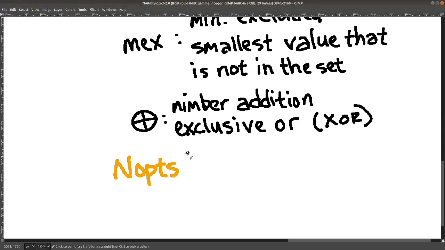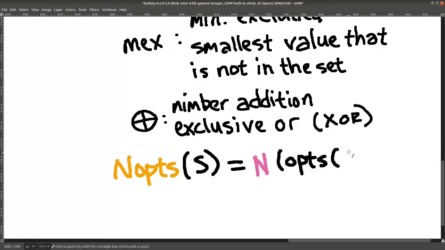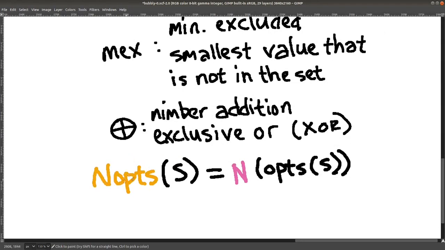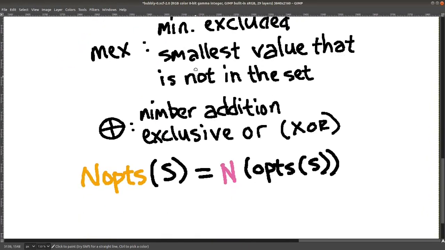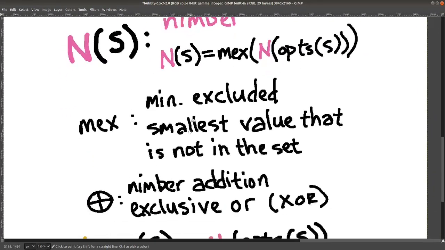I'm not going to give this formula a special name just because it's so simple. But I'm just going to write out what the orange number means. All right, so I'm just using nops as shorthand for n of ops. That means you can also write this in terms of nops.